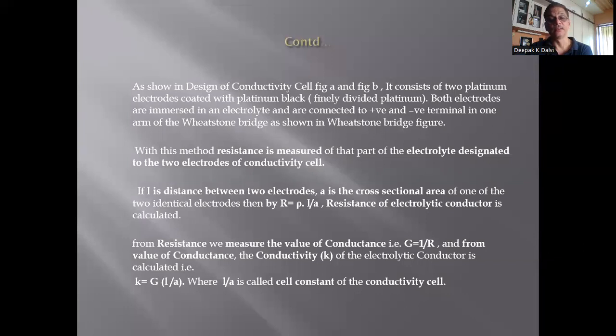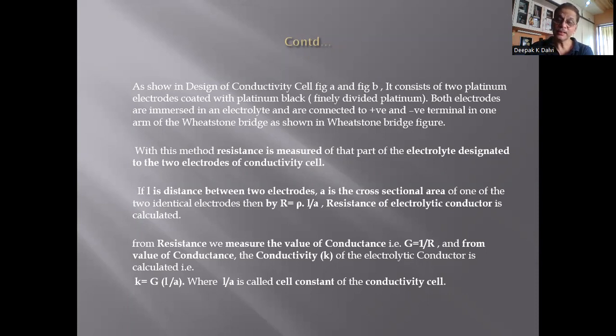Now this L over A is very important. It is called the cell constant of the conductivity cell. The conductivity cell is the cell which we designed, as you see in the past figure.